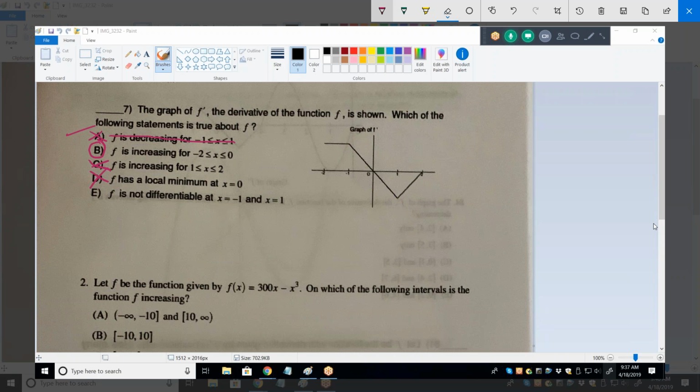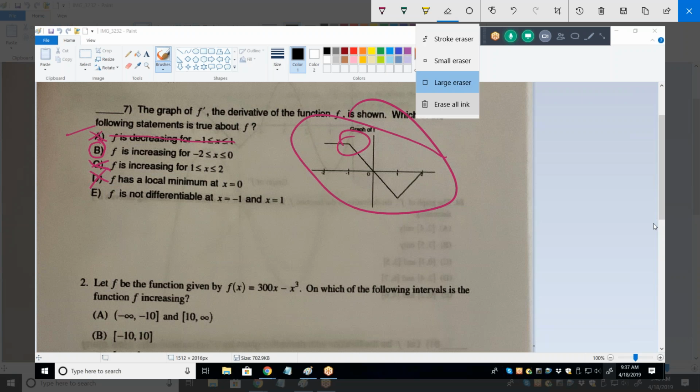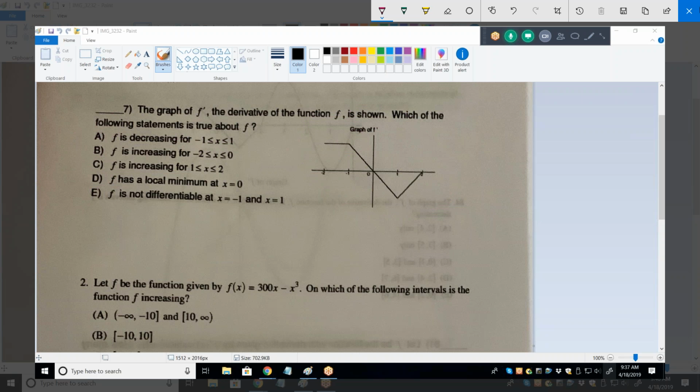So in order to get that, F had to be differentiable in the domain from -2 to 2. Otherwise, we would have nothing there. If it wasn't differentiable at -1, we wouldn't have a value for its derivative. Right. All right.